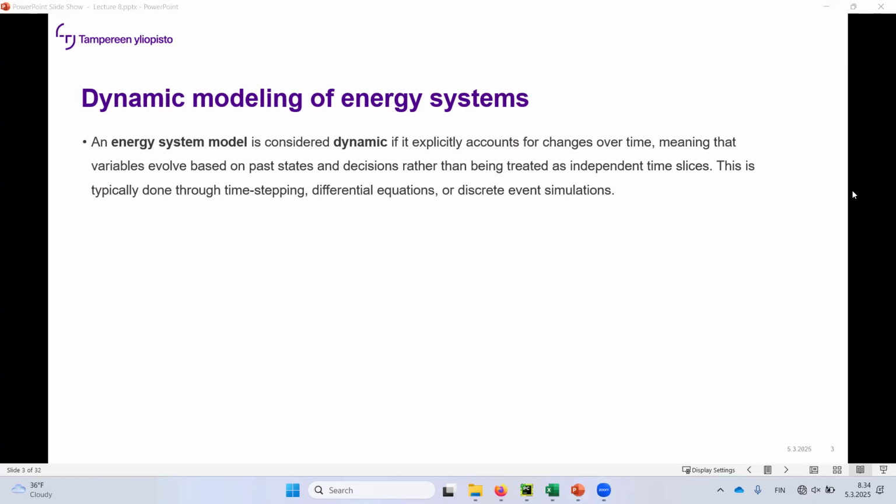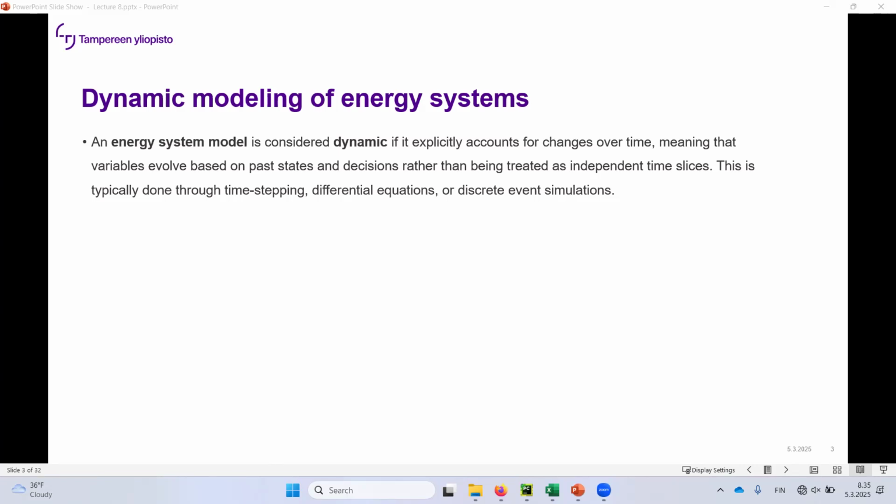An energy system could be considered a dynamic system if it accounts for changes over time. So variables evolve based on past states, and that is taken into account with differential equations, for example, in the case of energy storages.